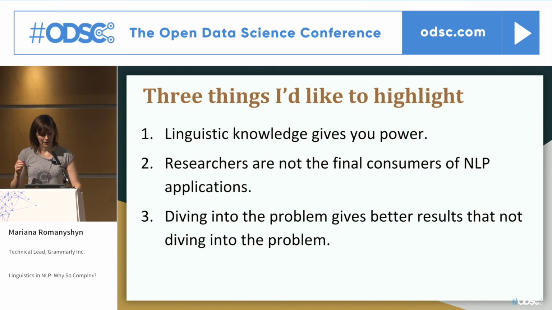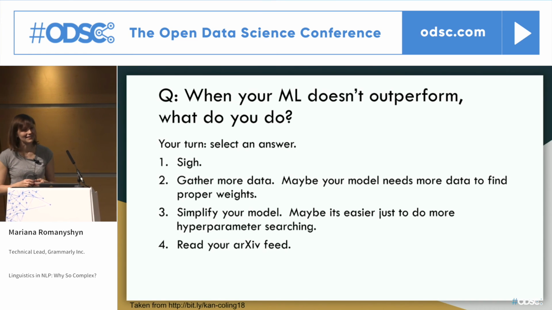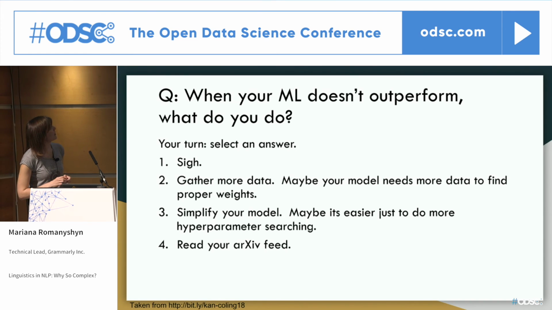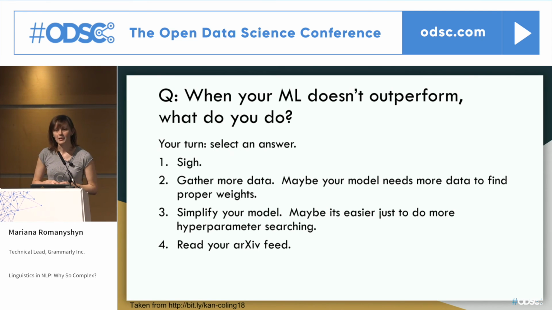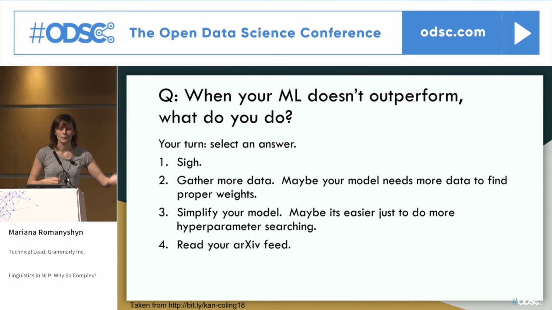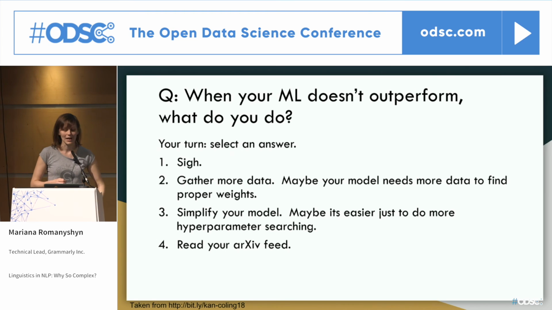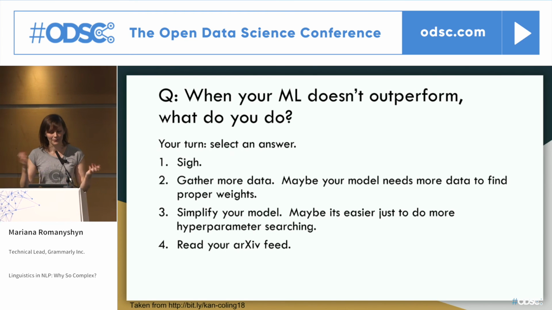And to end this talk, I wanted to show you a slide that I stole from Minyan Khan. He was an invited speaker at the Coling 2018 conference, and he gave a presentation on research fast and slow. So when your machine learning model doesn't outperform, what do you do? First you probably sigh, then you gather more data, maybe it needs more data to find proper weights.